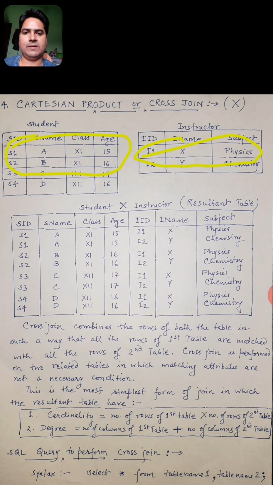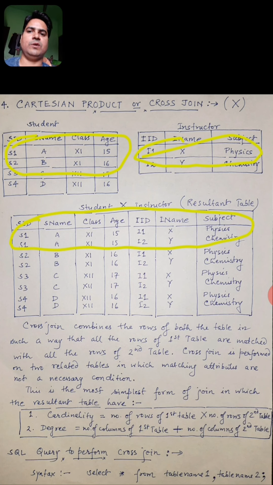Then the resultant table will have the first row of the first table and the first row of the second table. So the total columns obtained in the resultant table are the number of columns of the first table plus the number of columns of the second table. These are added. The degree of the resultant table is obtained by adding the columns, and the cardinality of the resultant table is obtained by multiplying the rows. Here you can see it. This is the formula.